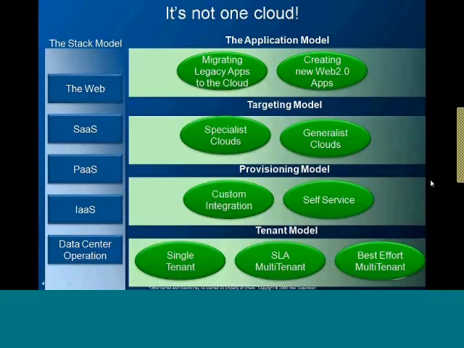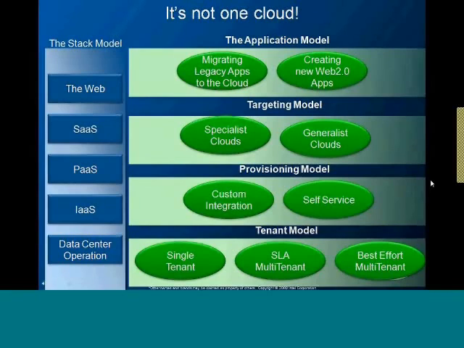As you can see, when we look at the web here, this is really targeting the client aspects or the client edges of the cloud. Either in terms of providing virtualized environments of legacy apps into the cloud, or creating new Web 2.0, 3.0, or other types of applications.